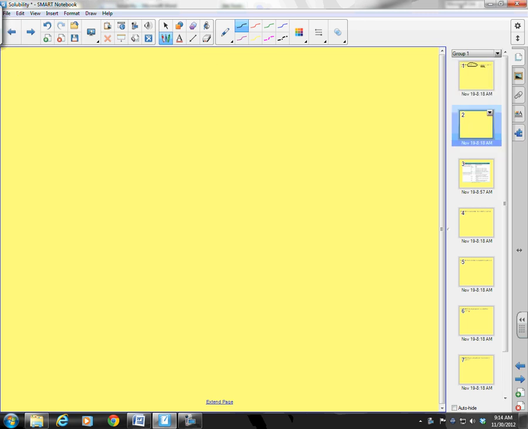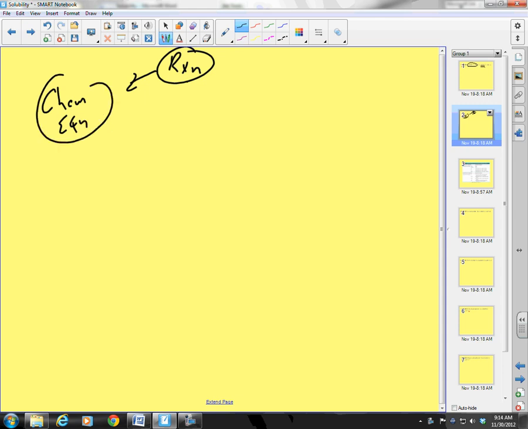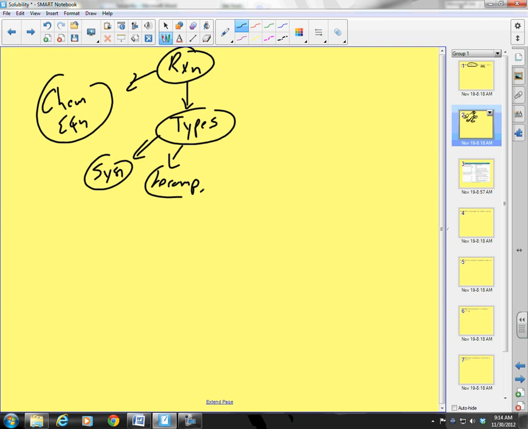Now, where does this all fit in? We've got reactions, and we have chemical equations, and then we have types of reactions, and under types we have synthesis and decomposition, and combustion, and single replacement and double replacement.